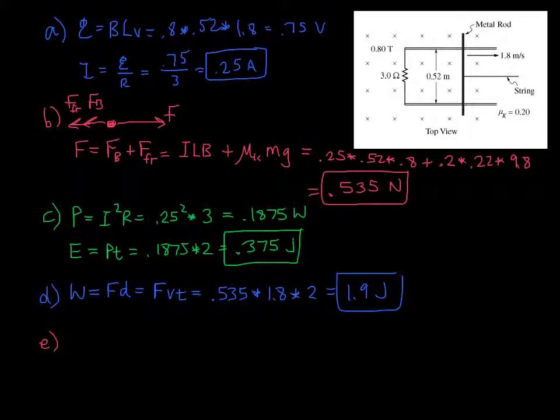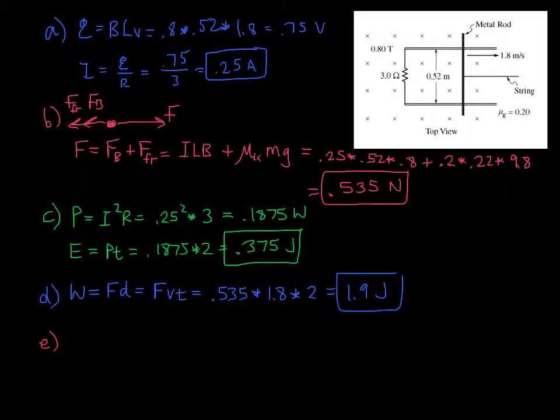And then in part E, if you compare the answers to part C and D and provide an explanation for why they're equal or unequal, you can see the answer to part D, the work required to pull the string, is greater than the energy dissipated in the resistor, and the reason is because of the friction in the system, which is a non-conservative force.